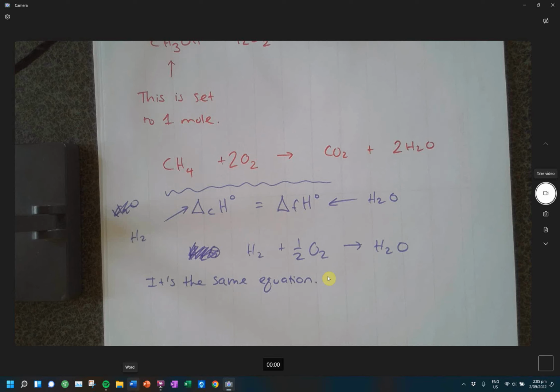You're basically combining multiple equations, flipping them around or multiplying them, and then putting them all together. It's very similar to the redox equations and how you do those steps.